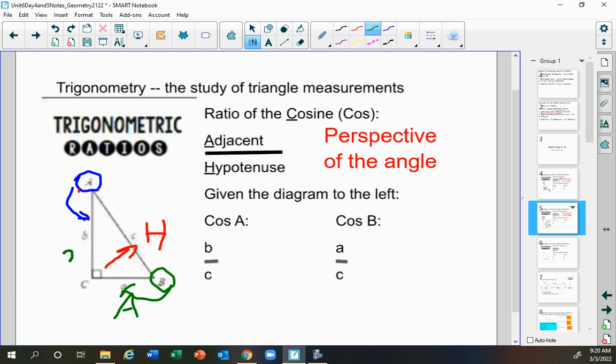So I'm going to label this side for the green, and then the blue. This side you're adjacent. This side's opposite. So all depends on the perspective of the angle. But our hypotenuse will always stay the same. Okay, questions?